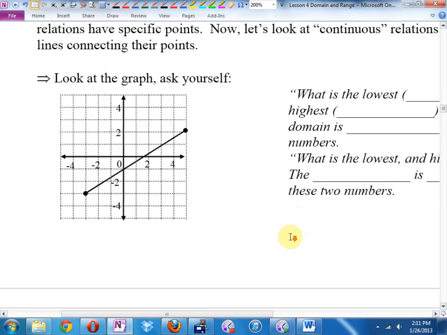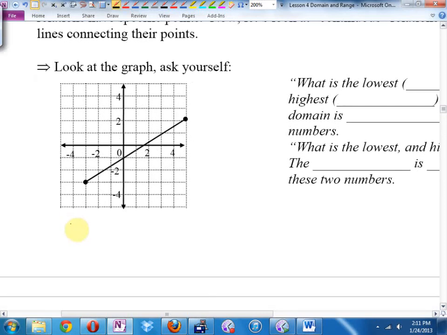How far left does this graph go? How far left? -3. Less than. Touching? How do I know? Because the dot is colored in. X. How far right does this graph go?